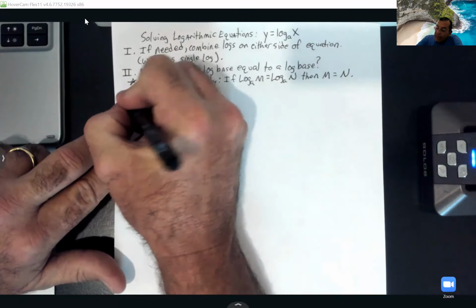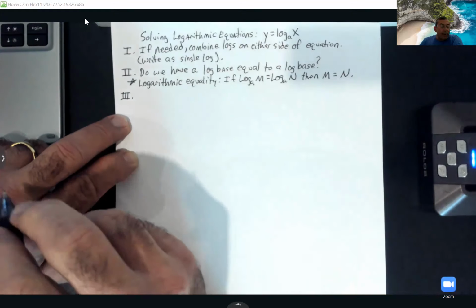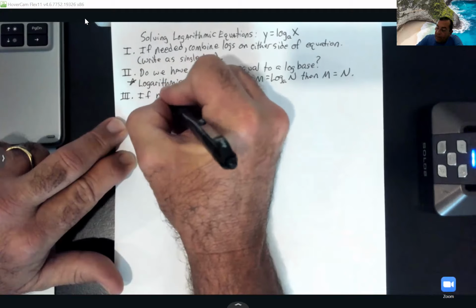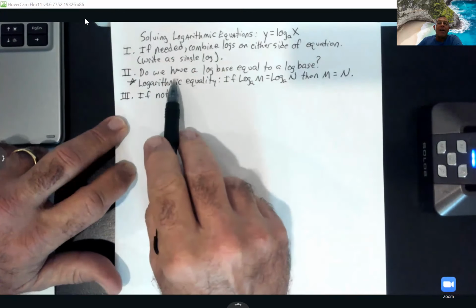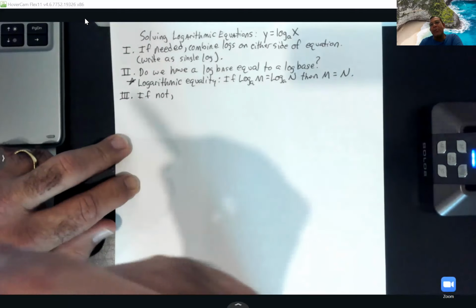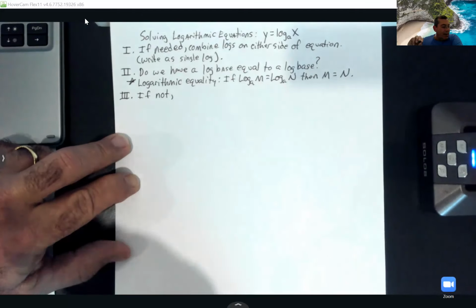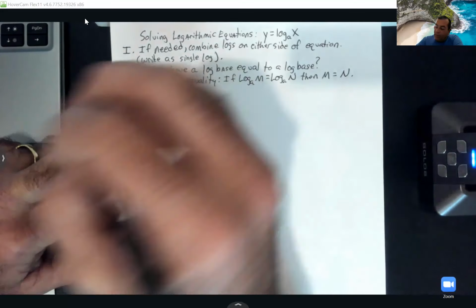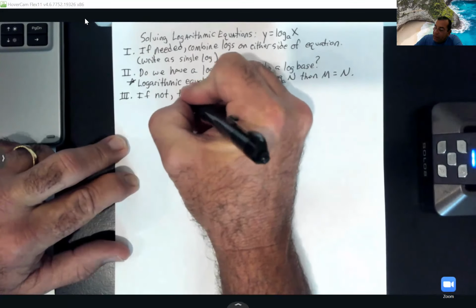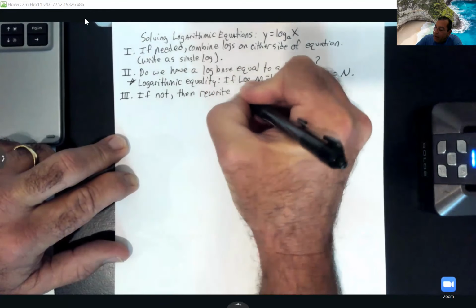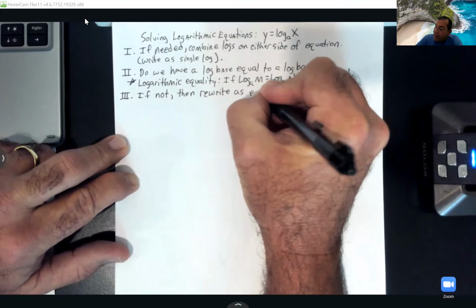Now, if it's not a log base equal to a log base, then I've got to go to another step. I'm going to rewrite this as exponential.